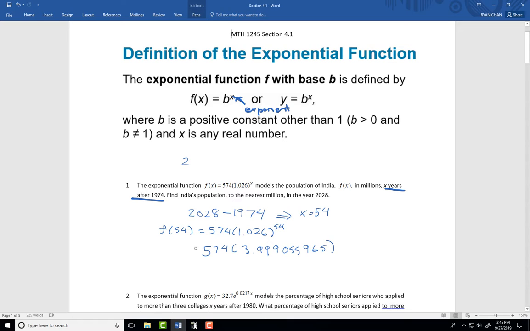So I get the following here: 2,295, roughly 0.45, but obviously rounded to the nearest million. So there's 2,295 million people for India.